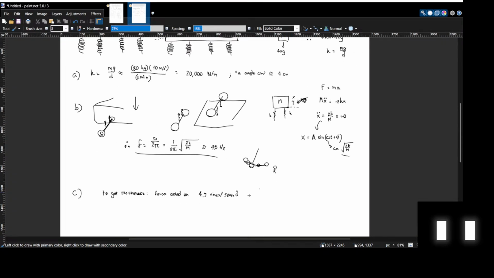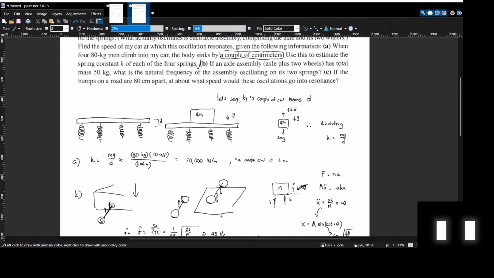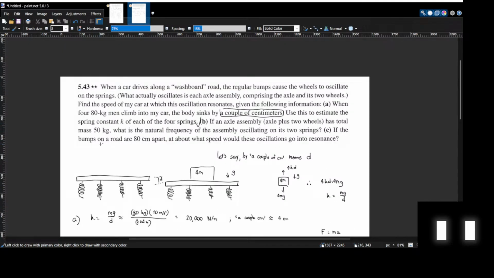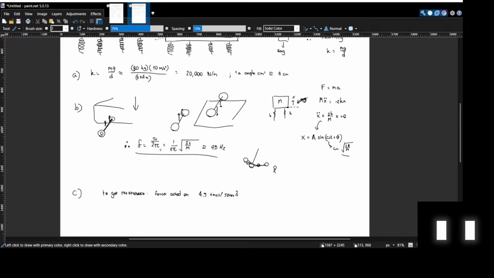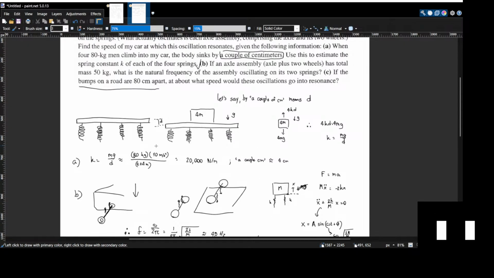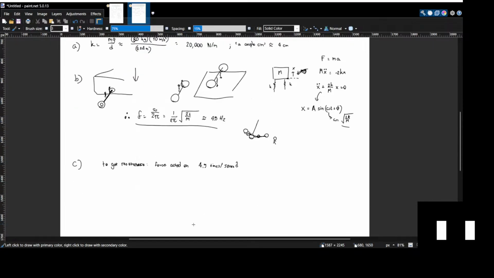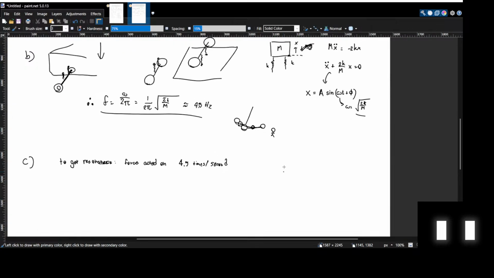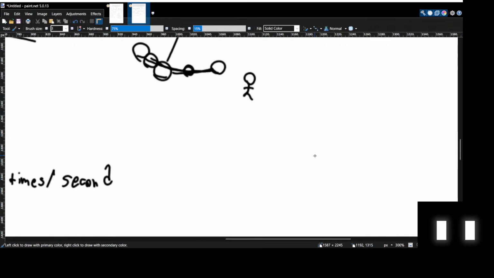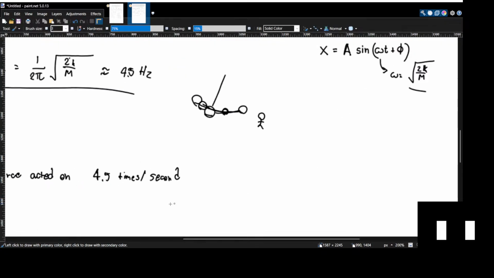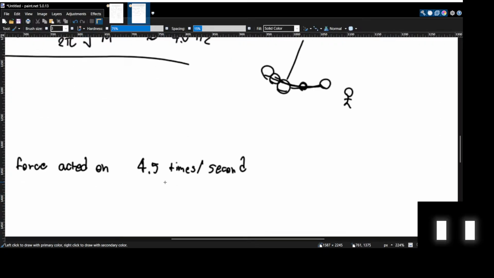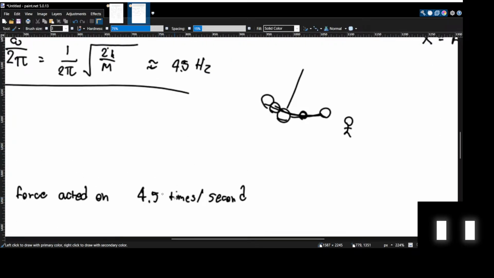In the same sense here, to achieve the resonance, the bumps on the road are 80 centimeters apart, which means that every 80 centimeters you get a push. So you have to make sure the push occurs 4.5 times every second.